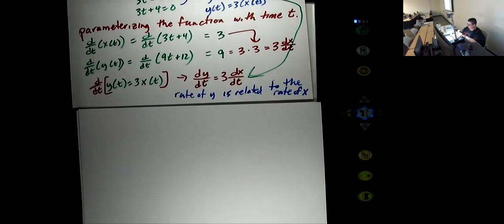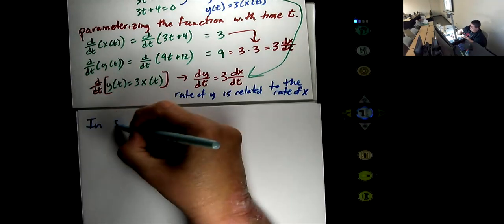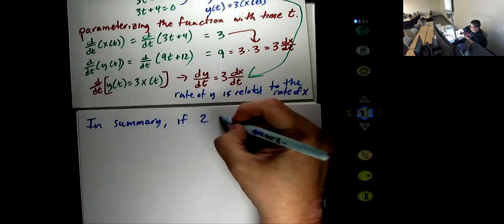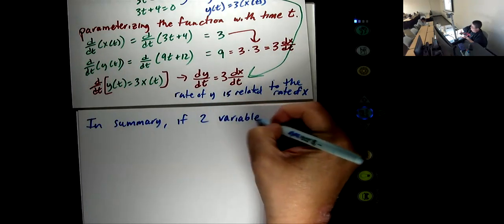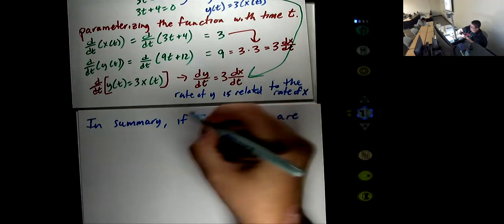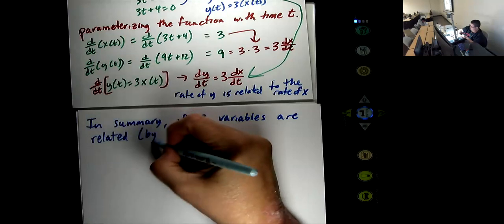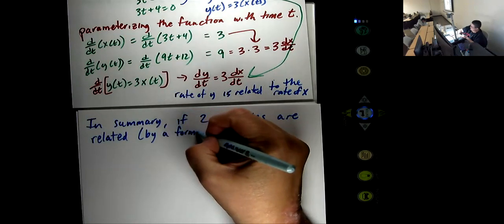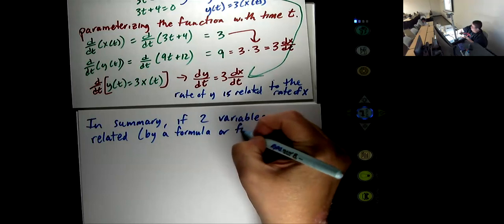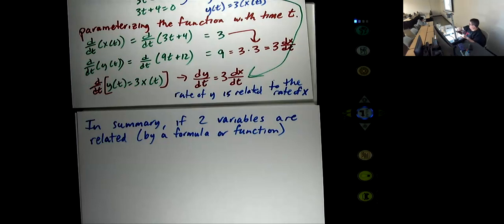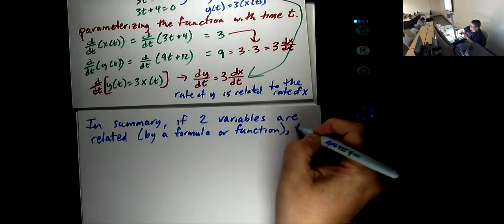So if you wanted a summary, in summary, if two variables are related by a formula or function or something like that, then their rates of change are related.